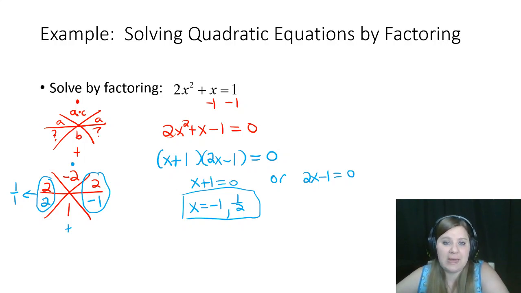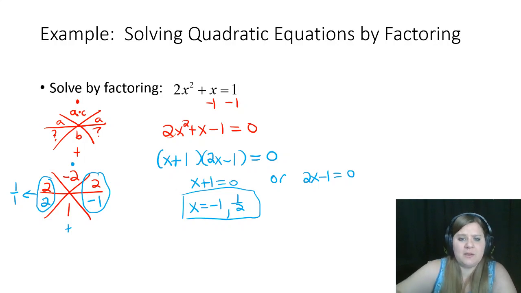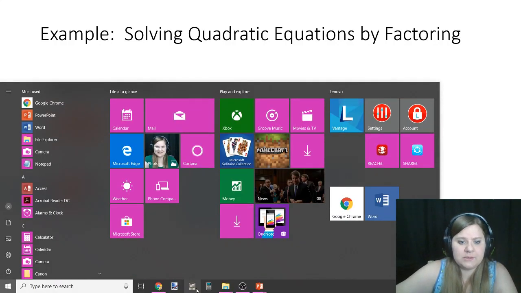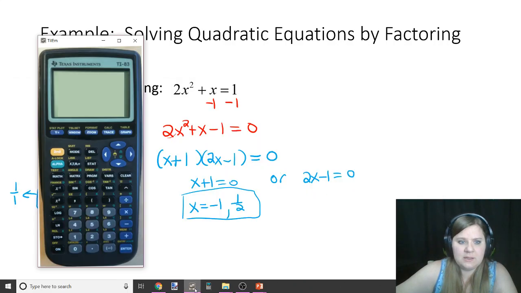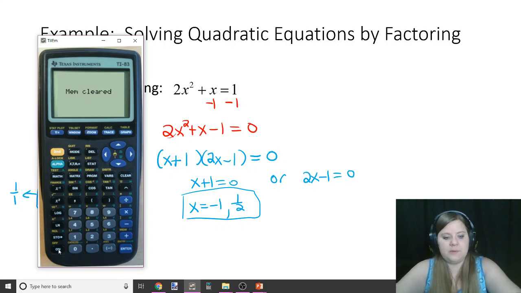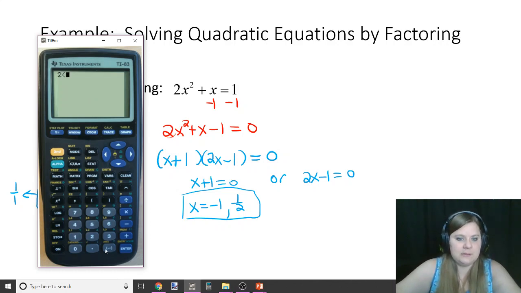So when we do that, assuming this is on a calculator portion of any test that you're taking, all right, we're going to, ta-da, here's a calculator. We're going to plug it in. So we have 2 times negative 1 squared plus negative 1.